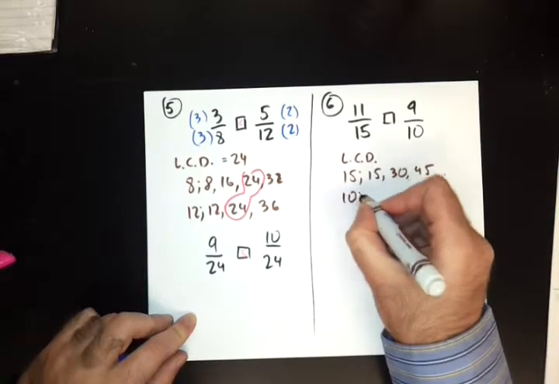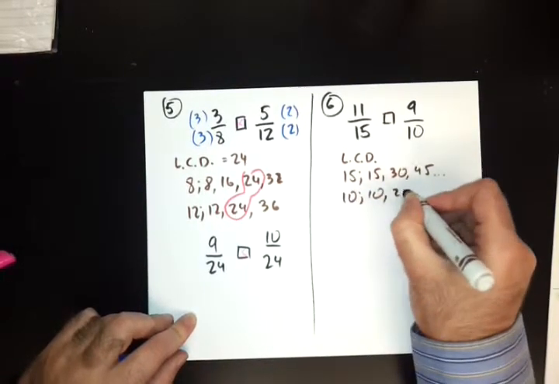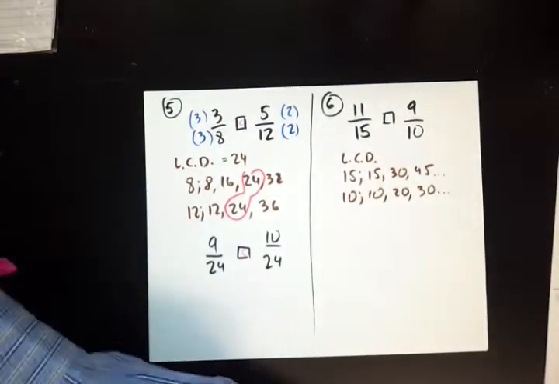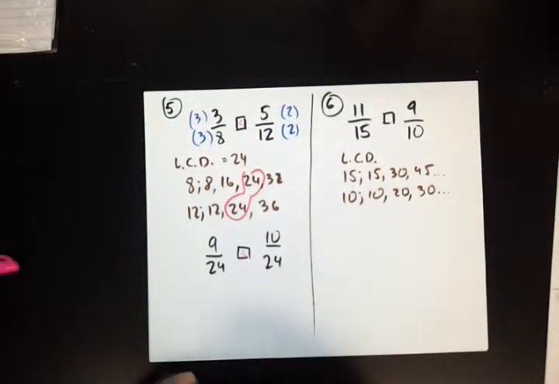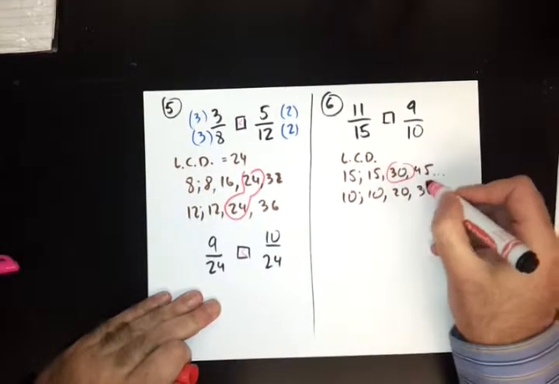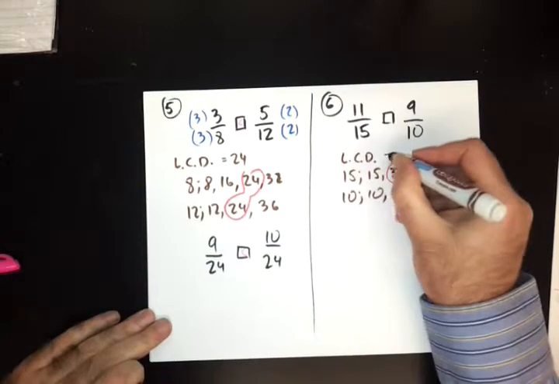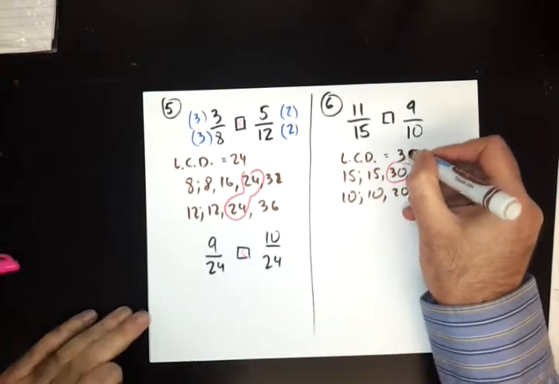The multiples of 10 are 10, 20, 30, and so on. And I have my least common denominator here, which is 30. So I'm going to go ahead and write 30 down here.